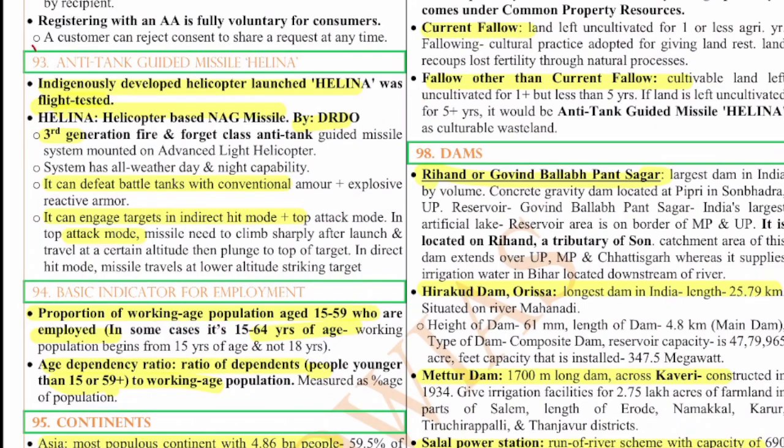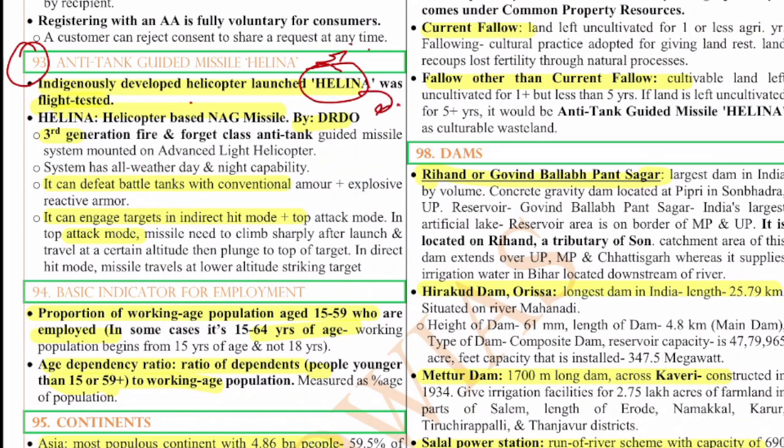Next, the 93rd question, which is on the anti-tank guided missile. This anti-tank guided missile Helena is an indigenously developed anti-tank guided missile, and it is a helicopter version of the Nag missile developed by DRDO.